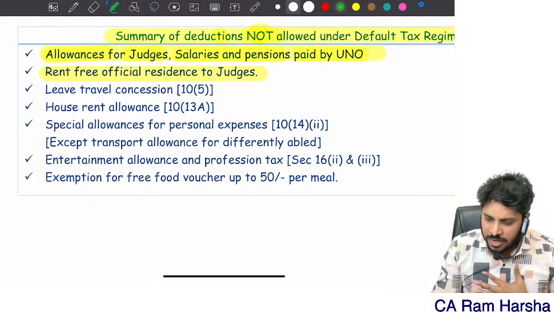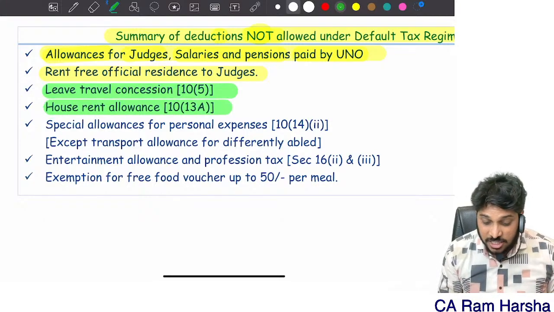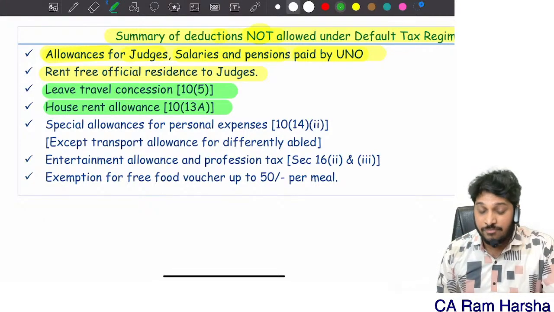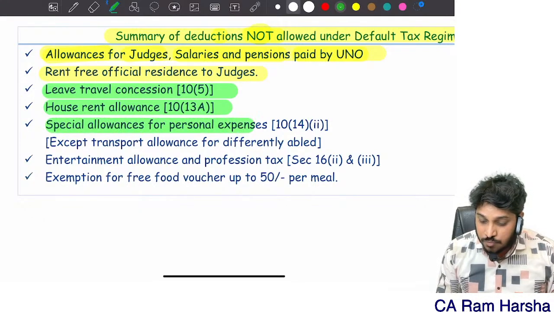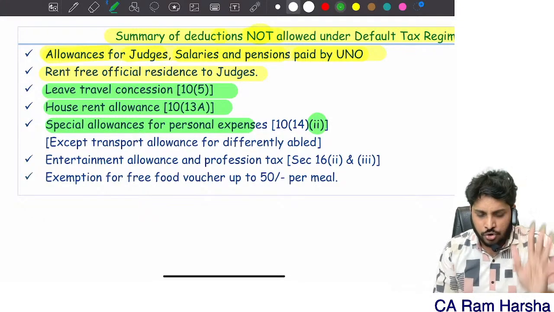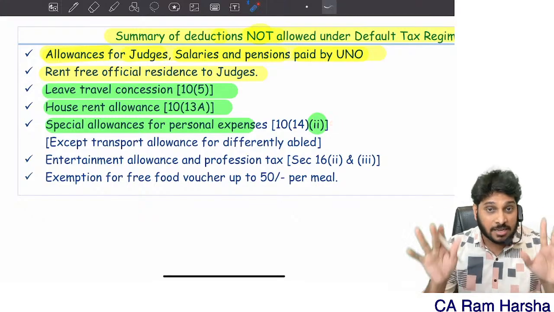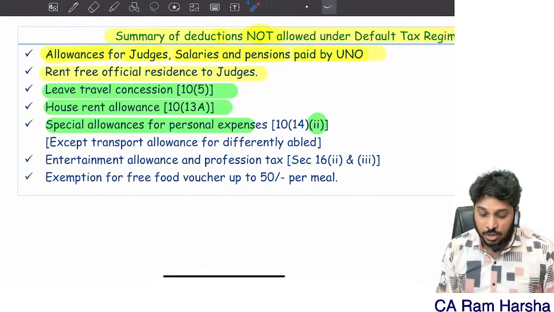Further, we all know very well, leave travel concession we don't get under default tax regime. HRA we don't get deduction under default tax regime. Special allowances for personal purpose, only clause 2 related special allowances under section 10(14), we will not get deduction with respect to salaries head of income.